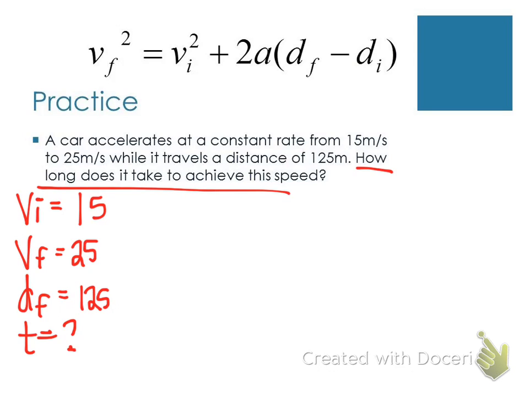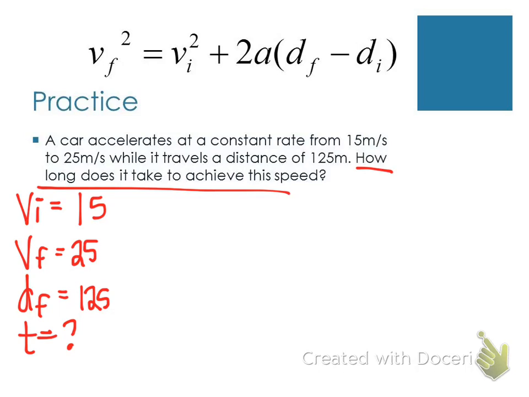But can we do any of those things if we don't have acceleration? No. So the reason we want to use this equation is to solve for acceleration first. We don't have acceleration or time, so we've got to solve for acceleration first before we can take that next step to solve for time. Does that part make sense?